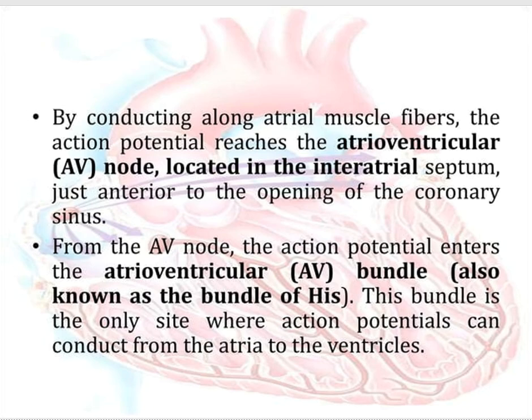I will show you the description of that also, how the 0.8 second is divided, which shows the duration of the pathways from the SA node to the Purkinje fibers.